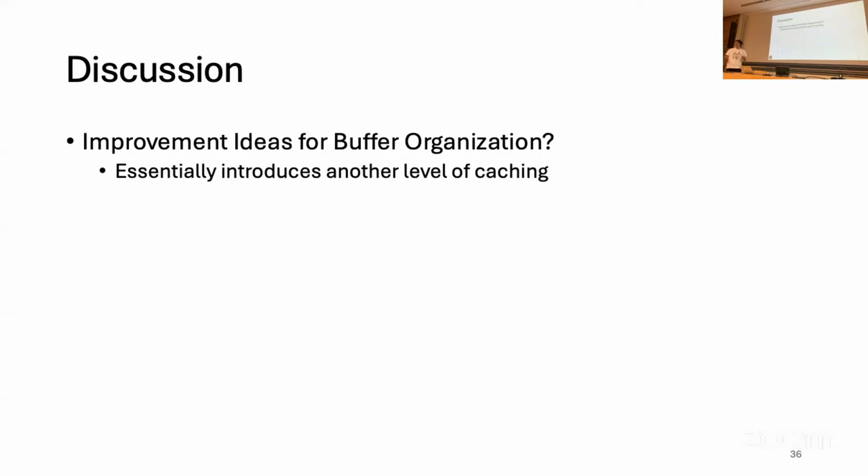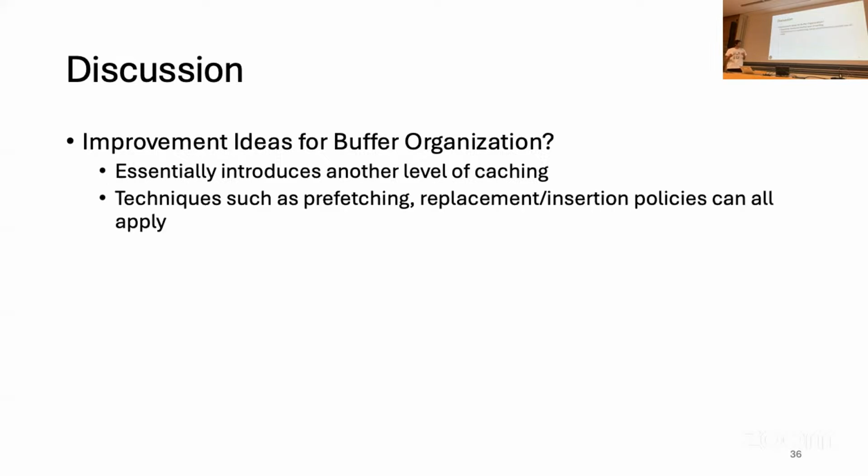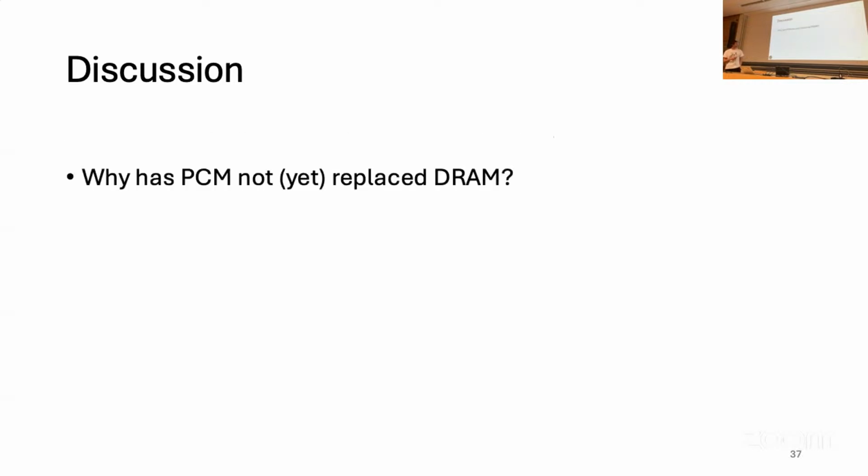But now this adds some more options. So I feel like techniques for caches also apply here. So prefetching or different replacement and insertion policies can all apply. Whether they make sense or not is a different question.